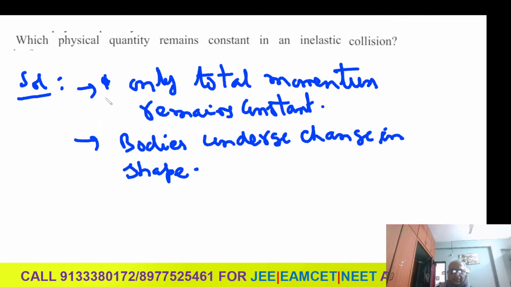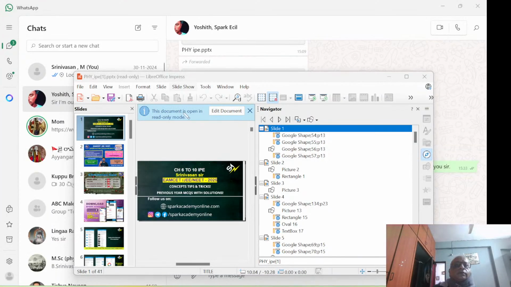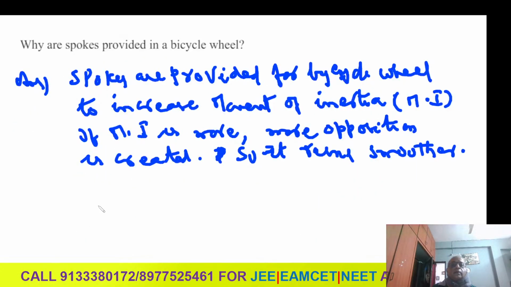Next, is it necessary that a mass should be present at the center of mass? I gave two examples. There is no necessity to have mass at the center of mass.